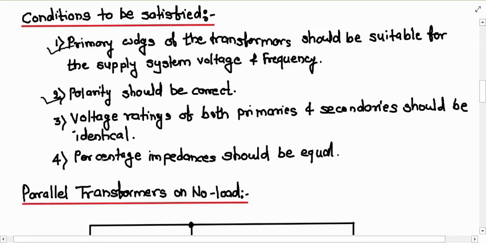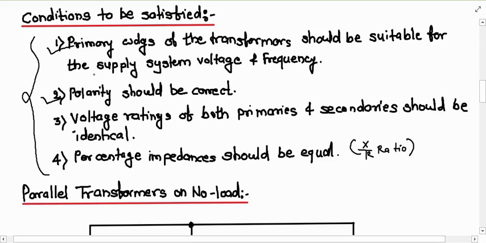The fourth condition is that the percentage impedance should be equal in magnitude and they should have the same X/R ratio, in order to avoid circulating currents and operation at different power factors. With transformers having different kVA ratings, the equivalent impedances should be inversely proportional to their individual kVA ratings, if we have to avoid circulating currents during parallel operation. So these are the four conditions to be satisfied for successful parallel operation of the transformers.